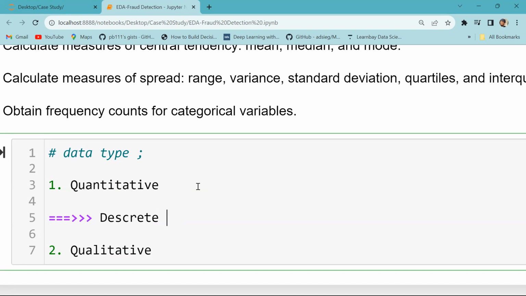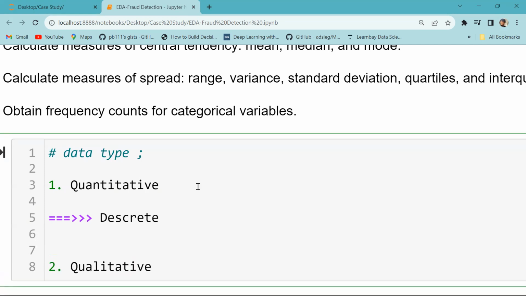There it is a finite number, like 15 students in the class. How many objects, how many chairs are there? Something like this is a discrete number, which we call discrete data.